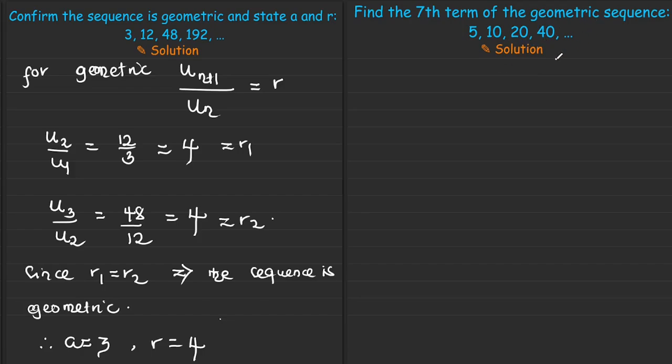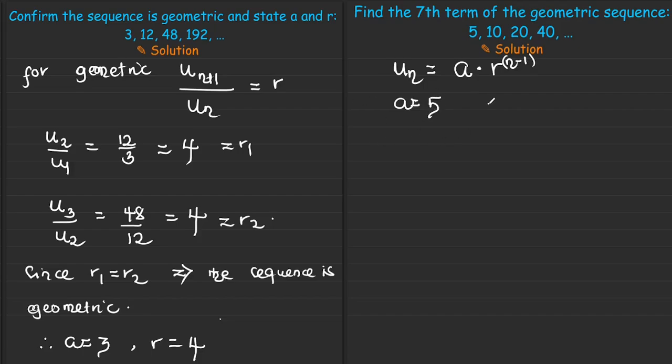Hence, it is geometric. Now, we know that the general geometric term, u of n, is given by a times r to the power n minus 1. You see? So looking at our sequence here, we can say our a is equal to 5.